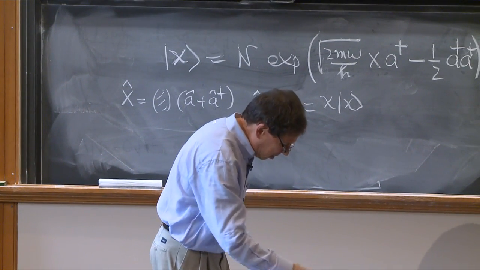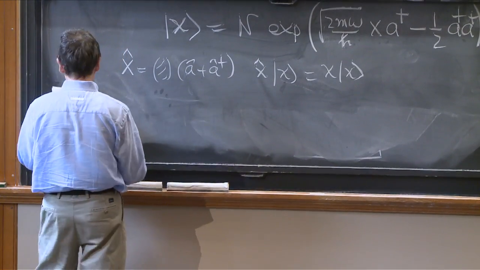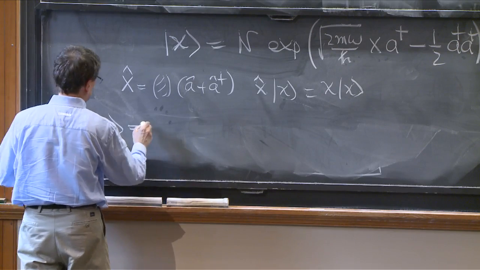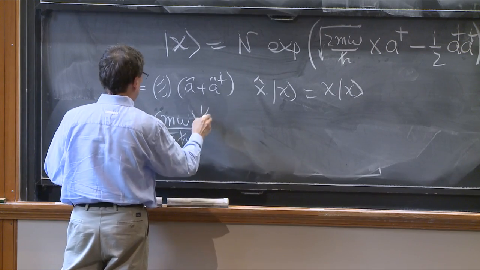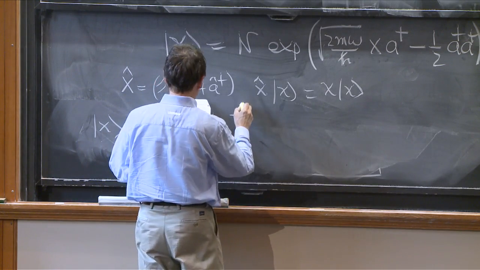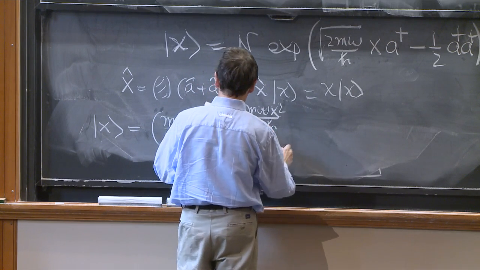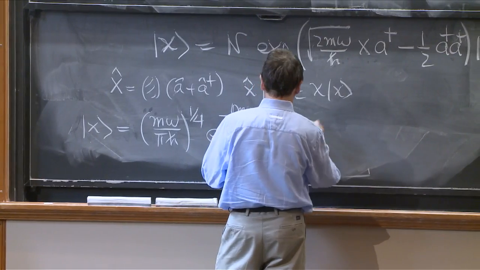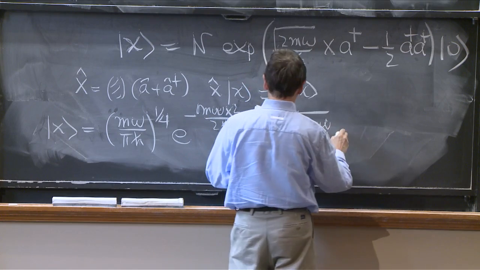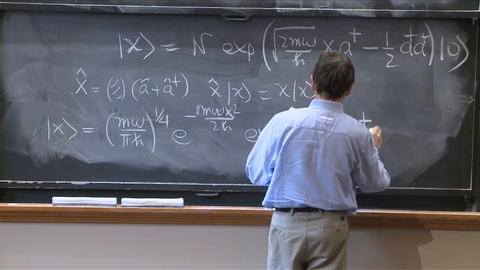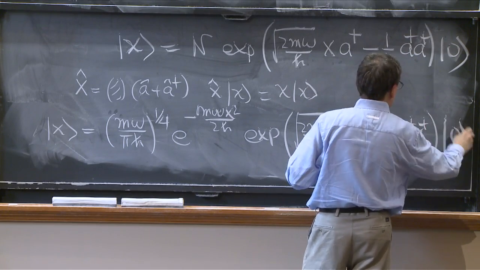The normalization comes out to be a rather simple thing. So at the end of the day, the position eigenstate is m omega over pi h bar to the 1/4, e to the minus m omega x squared over 2h bar, and this whole exponential, square root of 2m omega over h bar, x a dagger minus 1/2 a dagger squared acting on the vacuum.